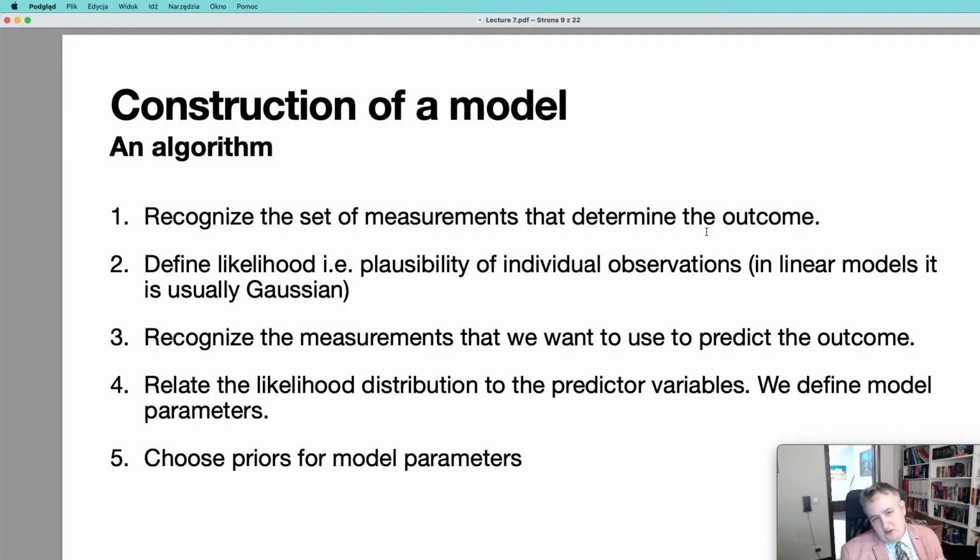For live viewers, sorry. Generally, what we have here is that when we construct our model, we must focus on what we are doing. First of all, we need to recognize the set of measurements that determine the outcome. So we need to determine what our variables of interest are, what the outcome of interest is, what we observed, what data we've collected. Then we define the likelihood, so the plausibility of individual observations.